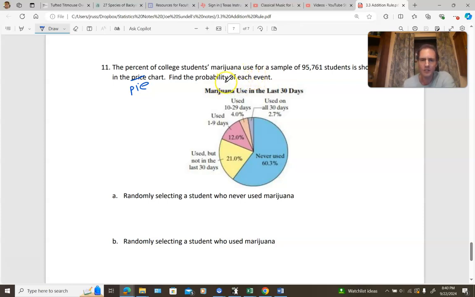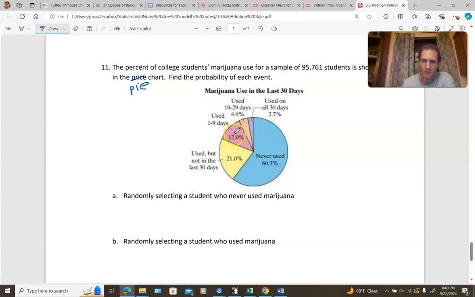All right, so let's look at this pie chart. It says marijuana use in the last 30 days. So of these students that were sampled, 60.3% said they never used marijuana. And then 21% said they used marijuana but not in the last 30 days.